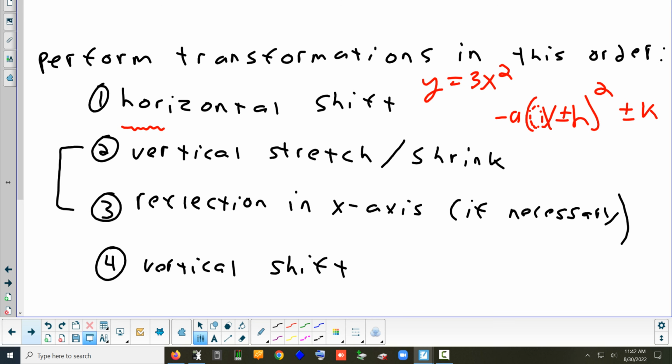That formula in red is just the general form that shows you each transformation we studied. Horizontal shifts, vertical stretches, reflections, and vertical shifts. So horizontal, vertical stretch, vertical reflection, vertical shift. So let's try one where we go through the values and see if we can describe the transformations.